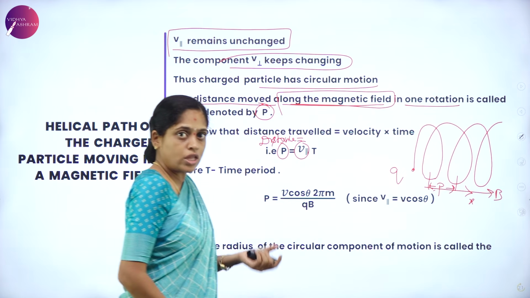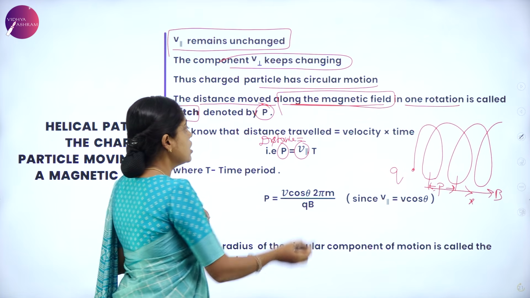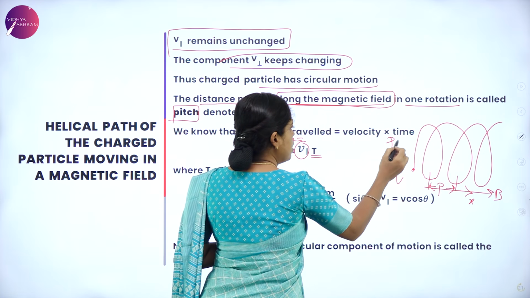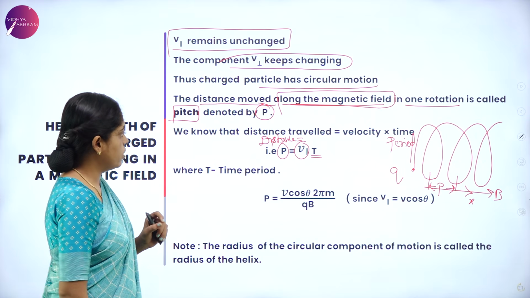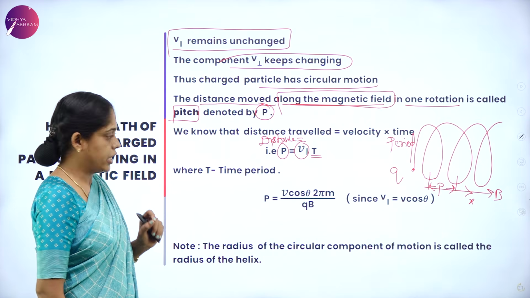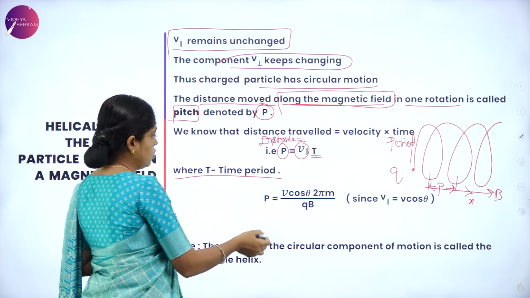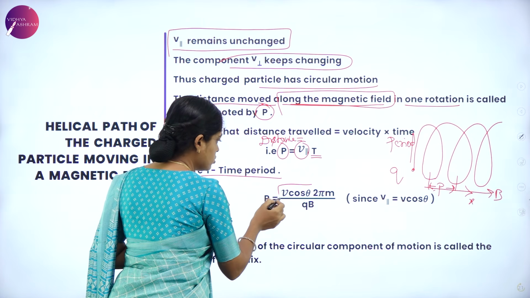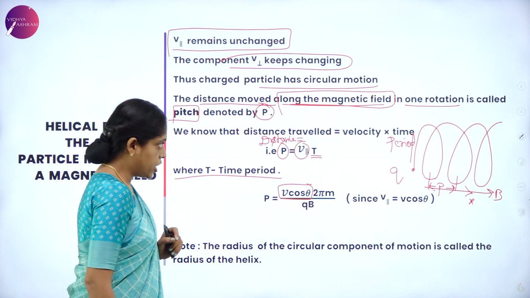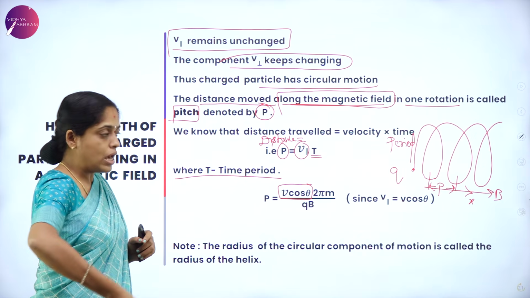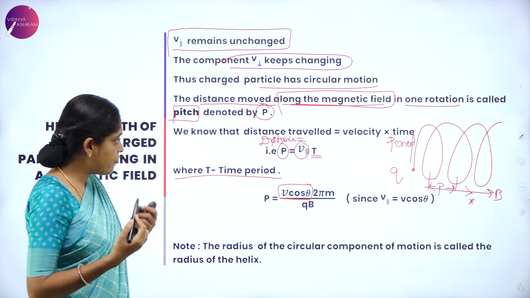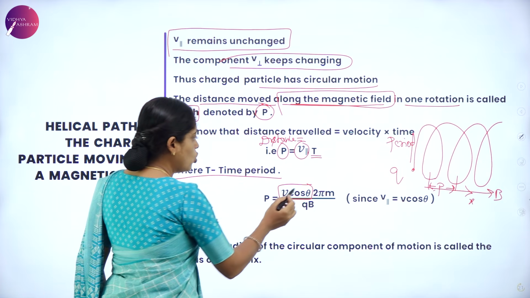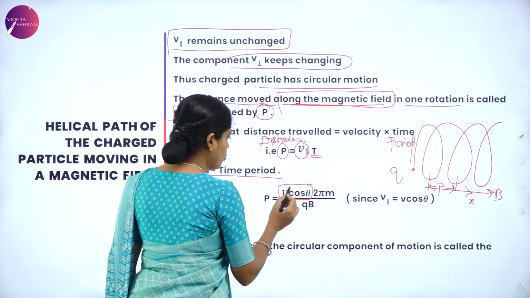One rotation, the time taken is known as time period. Time period is denoted by capital T. Next, let us substitute the parallel component of velocity, which is v cos theta, and in the circular path, the time period expression is 2 pi m by qB.